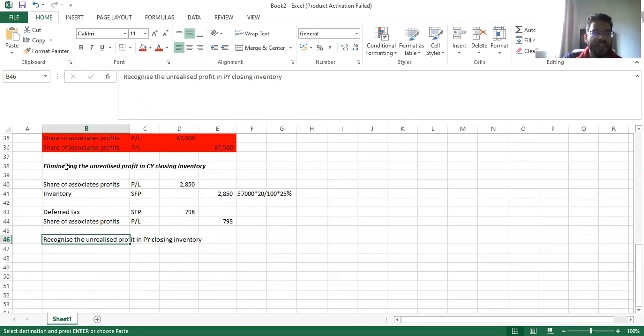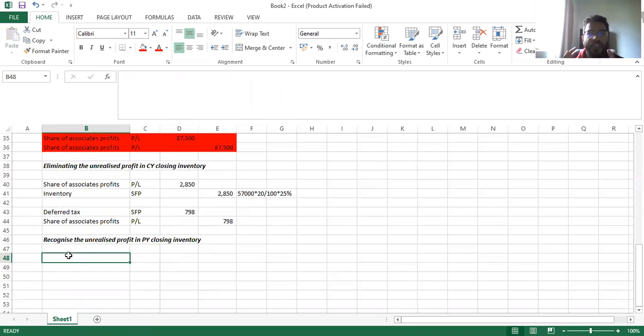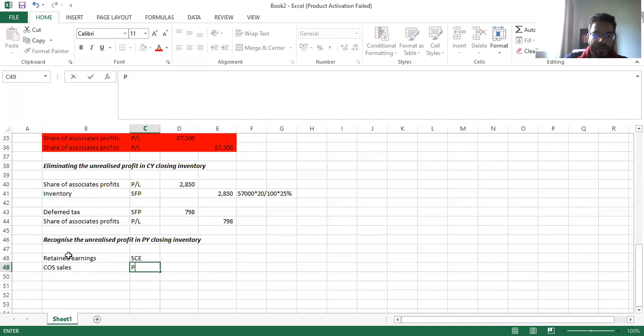What you must know: the prior year journal entry, if this was a parent-subsidiary relationship, would simply be retained earnings, cost of sales, SCE, P&L. So that's the journal entry if this was a parent-subsidiary relationship.